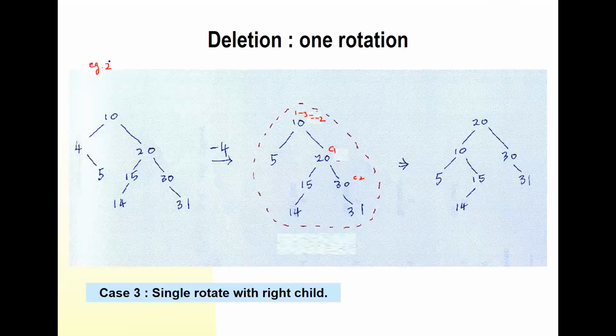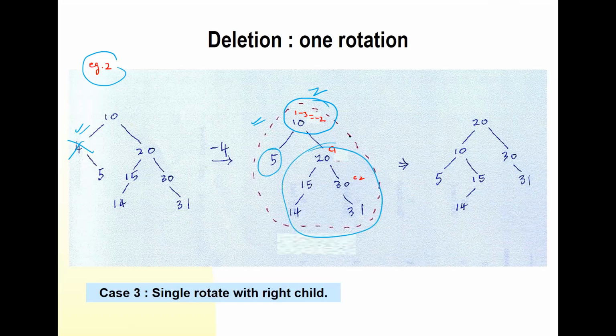Second example: let us suppose we are deleting 4 in this structure. Deletion of 4 will lead to this structure, and the balance vector of this node has been disturbed, that is the 10 node. Now this is the Z node, the pivot node. What we have to do is capture the immediate Y node, that is the child of Z which has the larger height. If you scan, this is smaller height, and this 20 has larger height.